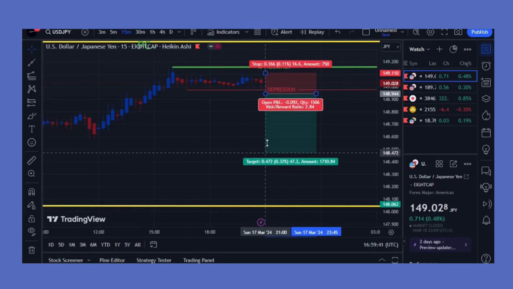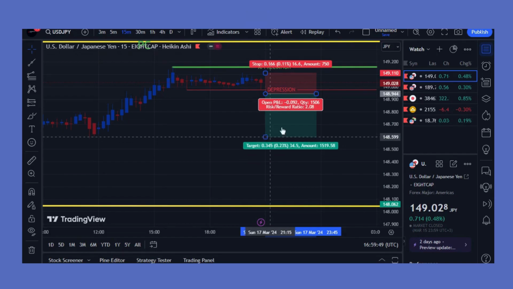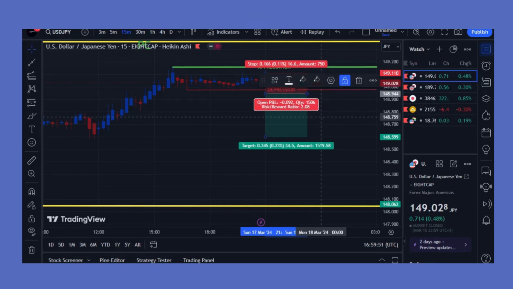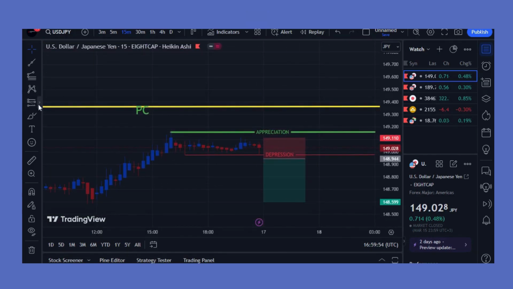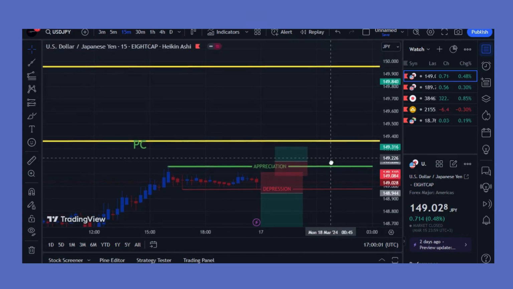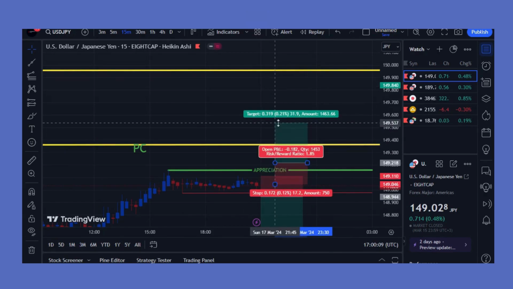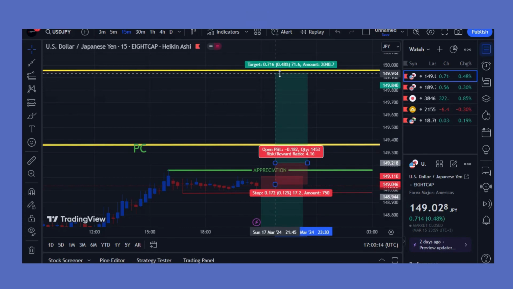First, our maximum risk reward is 1 to 2.5, or 1 to 2 the minimum, and to the upside, 10 pips above the appreciation level, and I'm looking for 1 to 2.5 or 1 to 2, and maximum targeting this price cluster here.